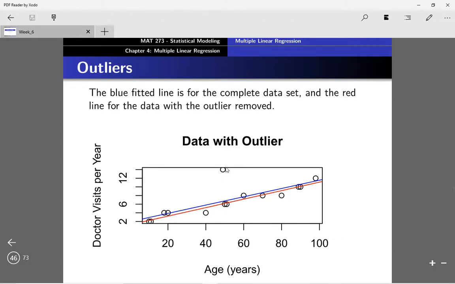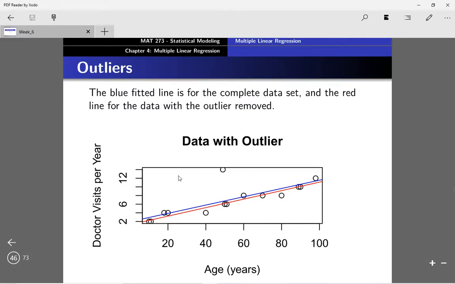That's right here. x, our explanatory variable, is people's age in years, and this point is pretty much in the middle, so it's very close to the average age. It's not far away on the x-axis in either direction. But what it is far away from is our estimated regression line here, which is in blue.